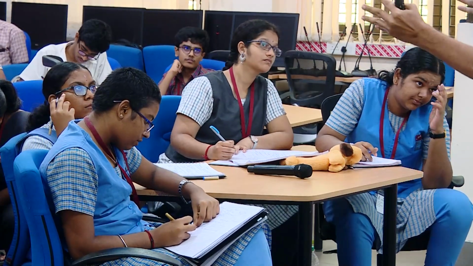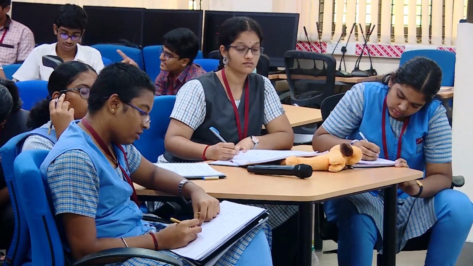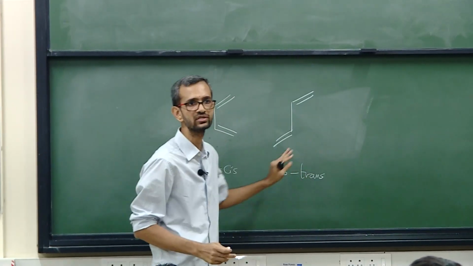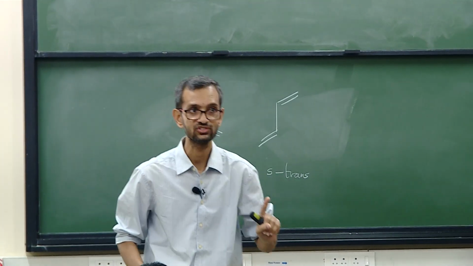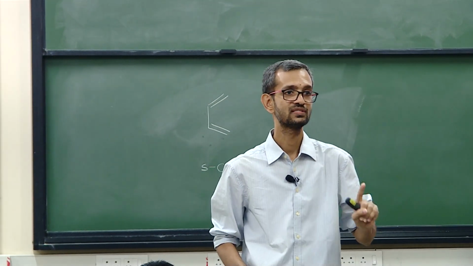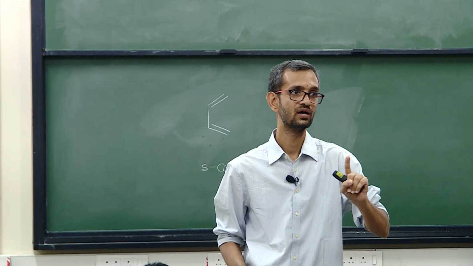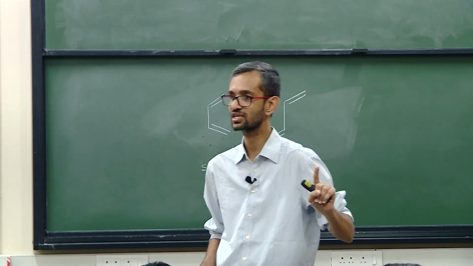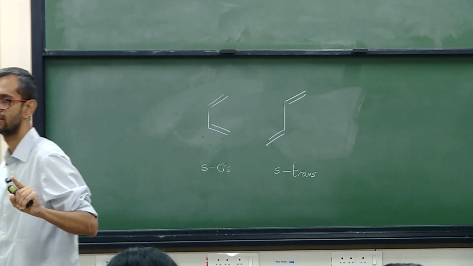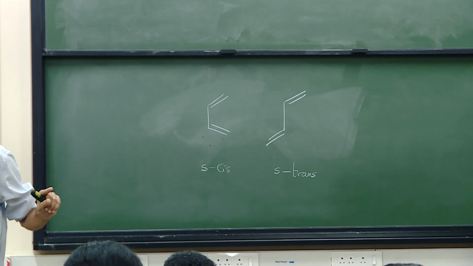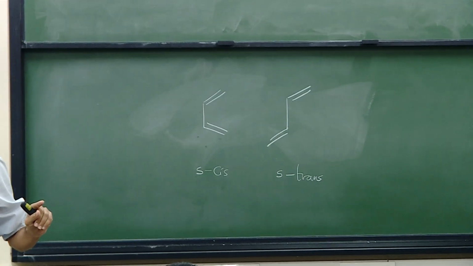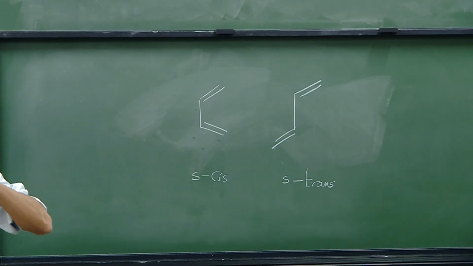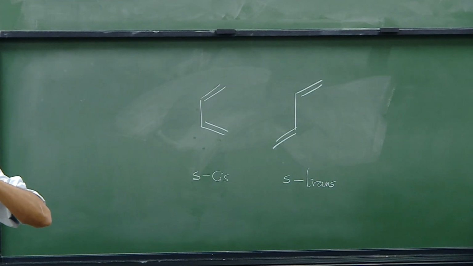Yes is what? Across the single bond. So yes cis and yes trans. These two are the conformations. These are not configurations. Cis and trans double bonds are configurations, because you cannot just rotate a double bond and make a trans.